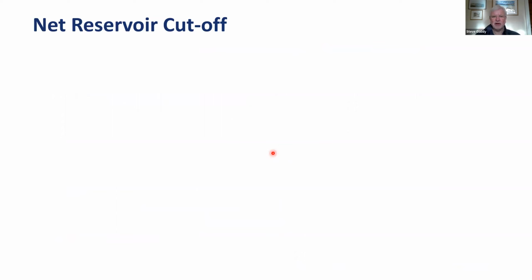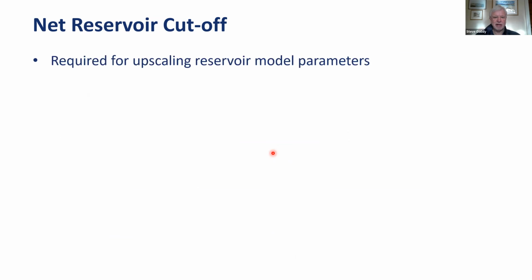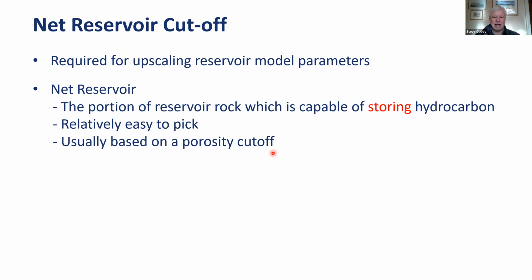Right, net cutoff, another definition we need to understand. This is required for when we're upscaling the reservoir model parameters. It is defined as a portion of reservoir rock that is capable of storing hydrocarbon and is therefore relatively easy to pick, usually based on a porosity cutoff.